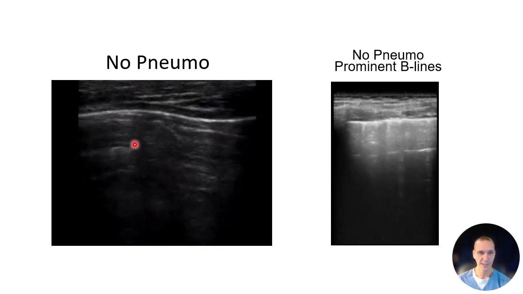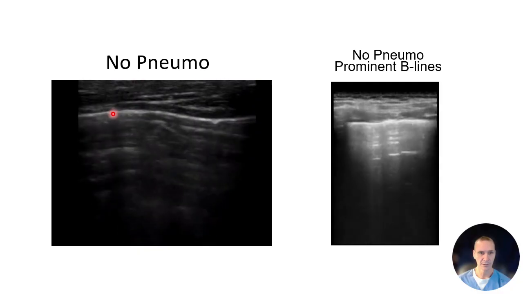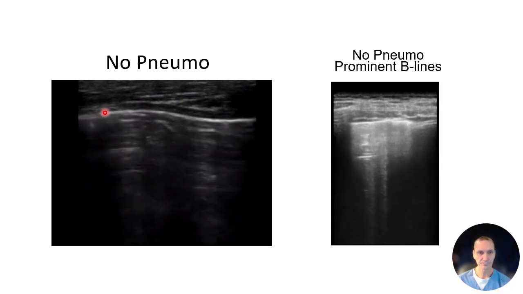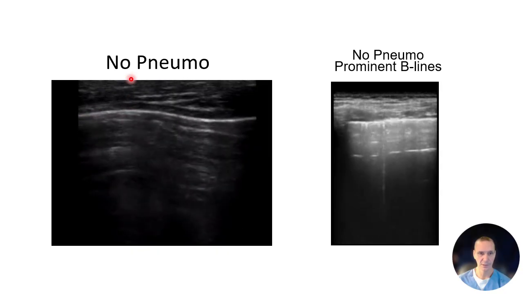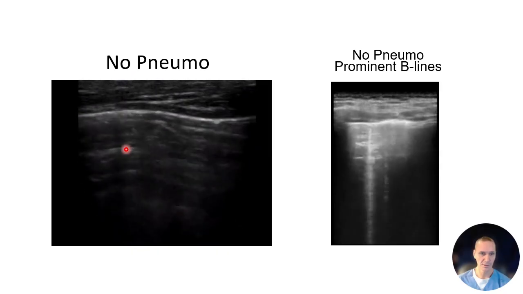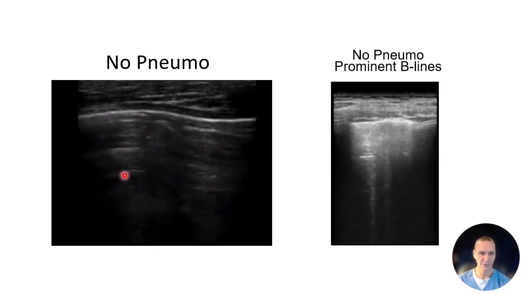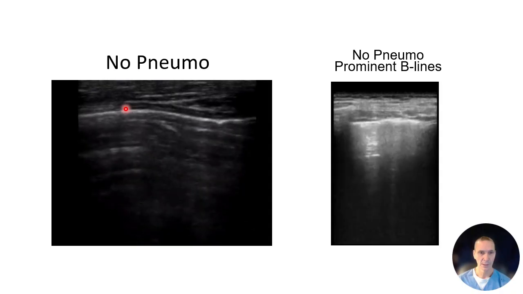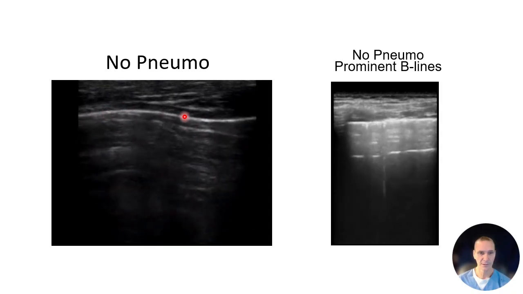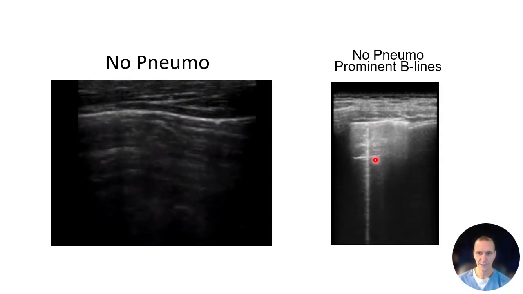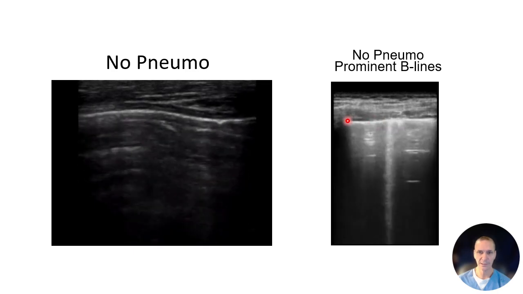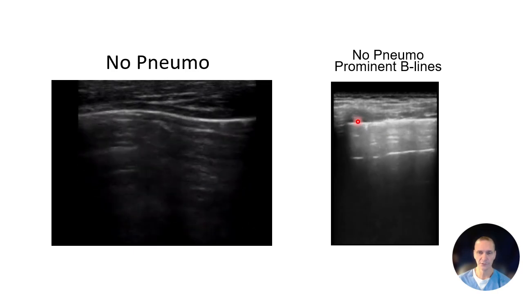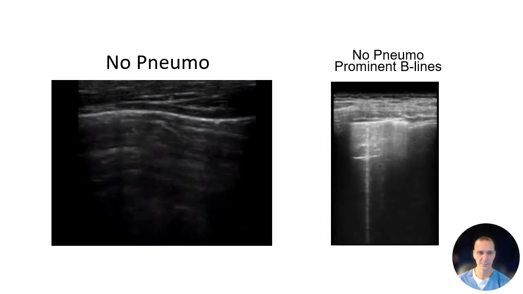So these A lines are actually a reverberation artifact, and you'll see they kind of fade out over time. So A lines are here, and then B lines, also called comet tails. It's the B lines and comet tails that are telling you the lung is expanded.